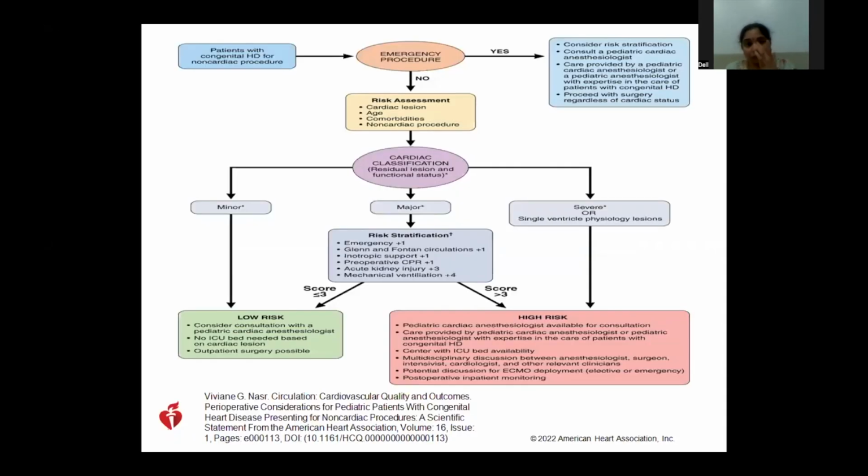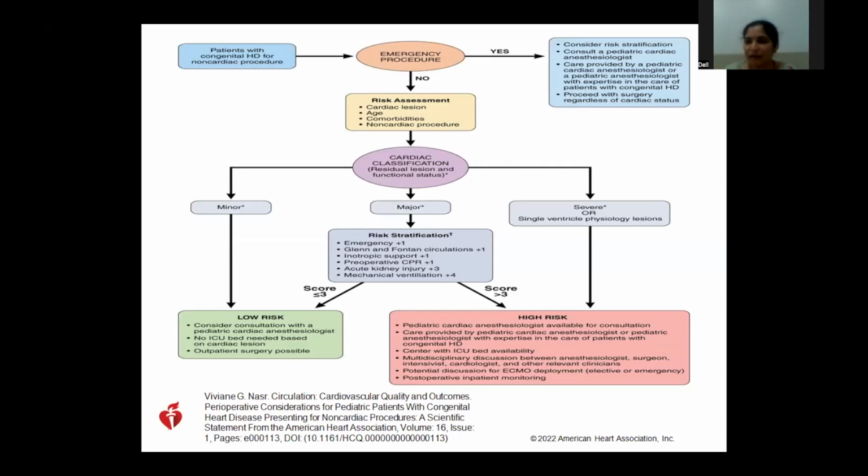This is a very beautiful diagram given by the American College of Cardiology and American Heart Association. So, how to proceed for non-cardiac surgery in pediatric patients having congenital heart disease? They have given a clear-cut idea. Emergency surgery, we don't have time and we have to proceed with the surgery as it is an emergency. But still, you have to include the team approach, like the pediatric cardiologist and the opinion of the pediatric surgeon.